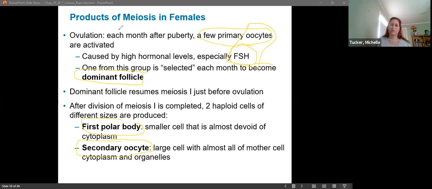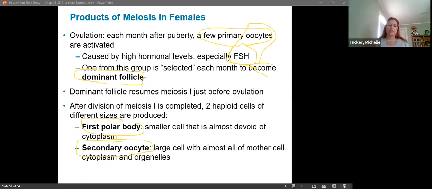So during each monthly cycle, about 20 primary oocytes are recruited to start further maturation. This is due to leftover FSH from the preceding cycle. As that level starts to decline, most of them will self-implode. It's called atresia, but it's apoptosis, programmed cell death.